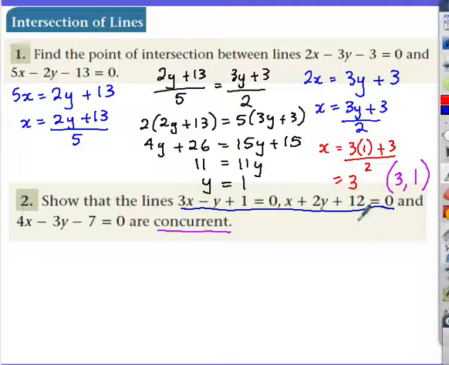Okay, so we'll make x the subject again. 3x equals y minus 1. Yes, we move that across and change the sign. So then x equals y minus 1 all over 3. And for the other equation, we've got x equals minus 2y minus 12.